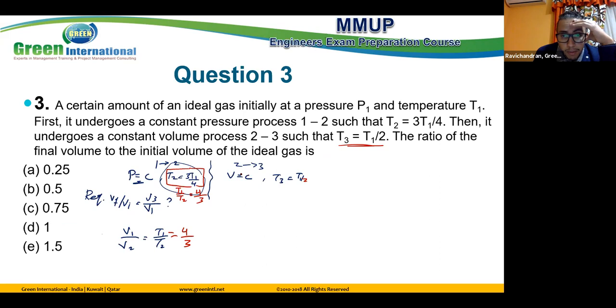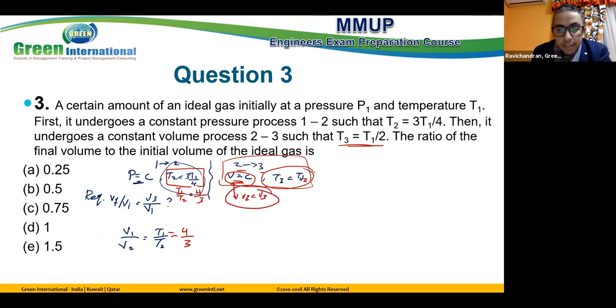Thank you. But this is a tricky condition. Why did he give you this one? To take you through another way. Why? Because he focused on volume. From this relation in this process, it means V2 equals V3 directly. That's it.